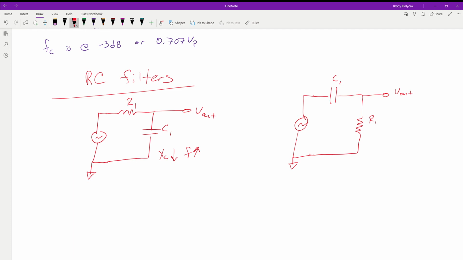If we start at a low frequency, we get a very high X of C value, which takes a larger and larger portion of the total voltage. When the frequency gets higher, this X of C value gets lower and lower, so eventually this capacitor is dropping less and less voltage across our output. Hopefully you can start to see the trend of what's being filtered out.